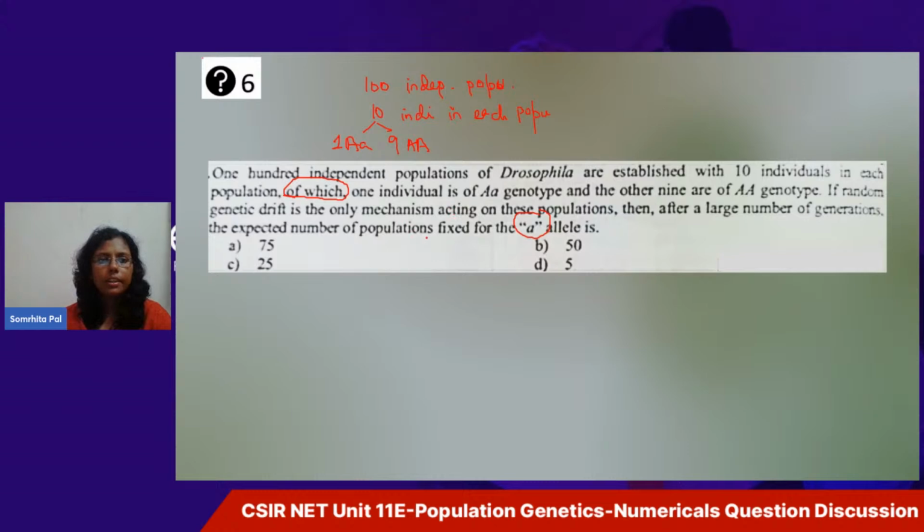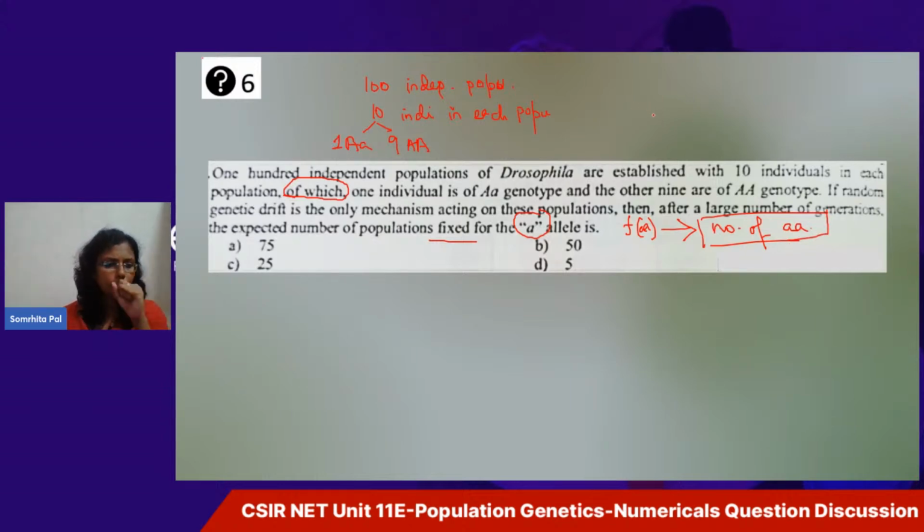Basically, they're asking you to find out the frequency of small a, and from there get the number of individuals who will be of small a.